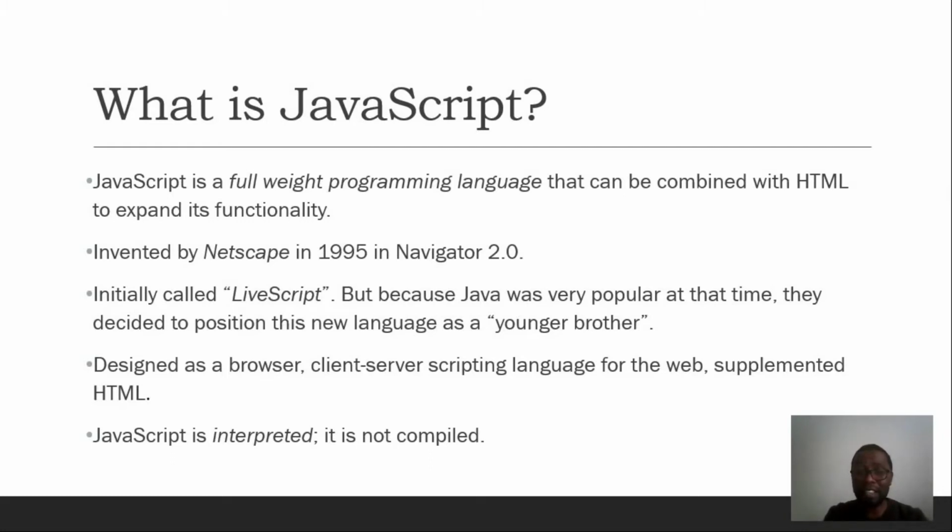But there is no link between Java and JavaScript. They're two separate programming languages, and they have different rules. After it was named JavaScript, it outlived that, grew, and ran on its own.